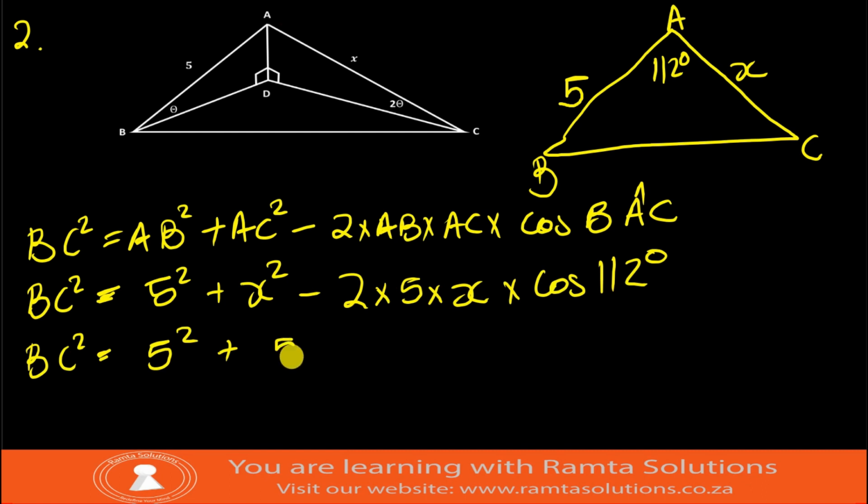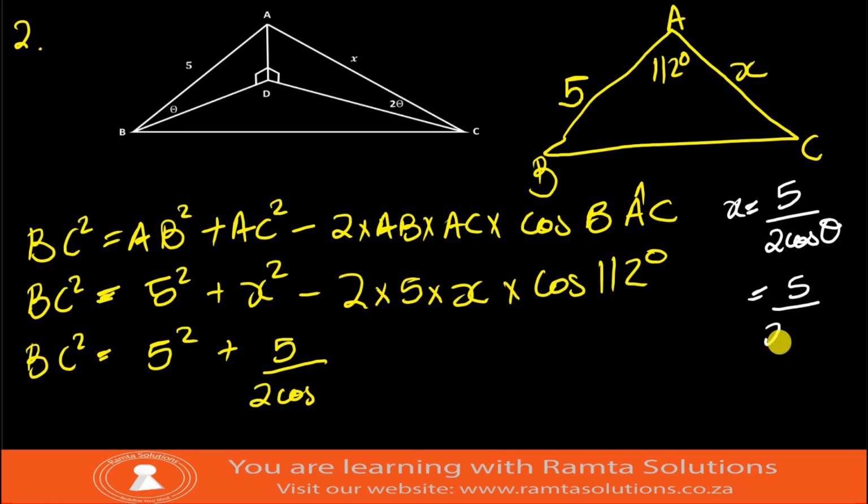We said x equals 5 over 2 cos theta. So we can substitute, because theta is equal to 30 degrees.